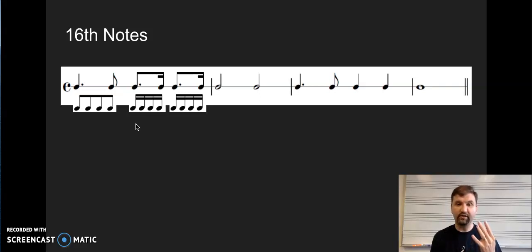So if you're thinking 3 e and a, it would be 3 a. Say 3 e and a. Now the dotted eighth note. 3 a. So it works that way for beat 3 and for beat 4 the same way. 3 a, 4 a. Take a moment and look through the whole line and we'll count it together.